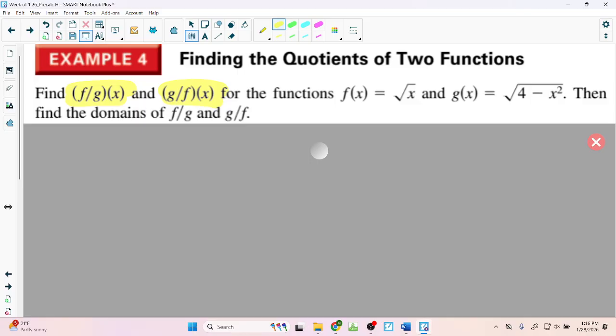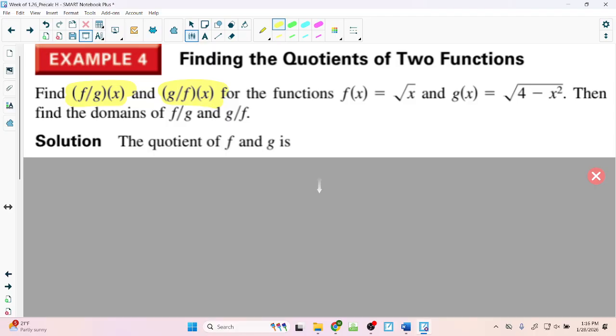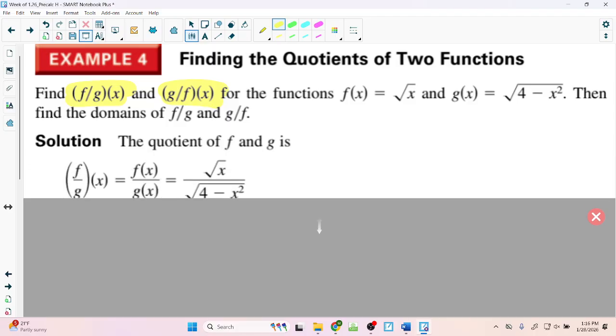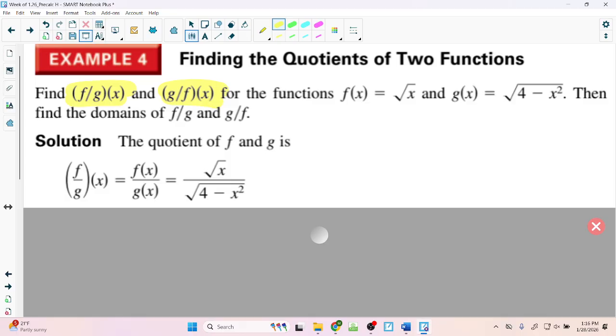It's a little weird, but you're really just doing division of those two things. And again, I'm not even really doing it out. I'm just going to show you f divided by g and then g divided by f. F divided by g is just f of x divided by g of x. What you have to understand is that that's what that means. All the yellow things right now mean the same thing.